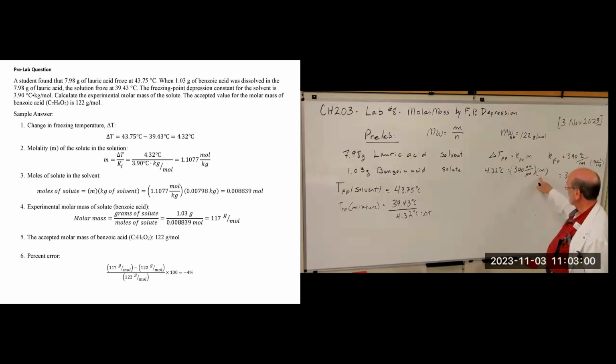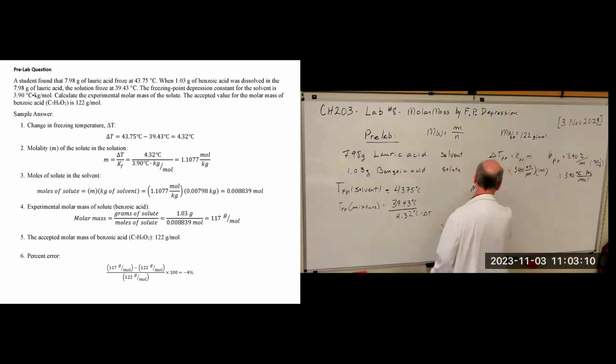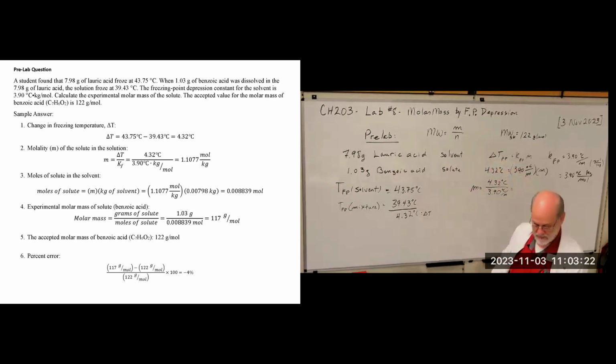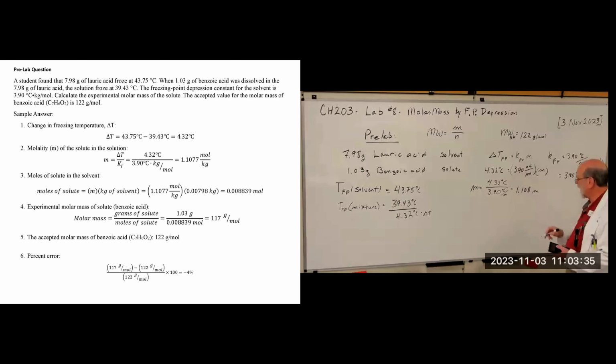So let's solve for this one. This would be that value divided by this value, correct? Yeah. So molality is equal to 4.32 degrees C divided by 3.90 degrees C per molal. And let's see what that would be. 4.32 divided by 3.90 is 1.108 molal.